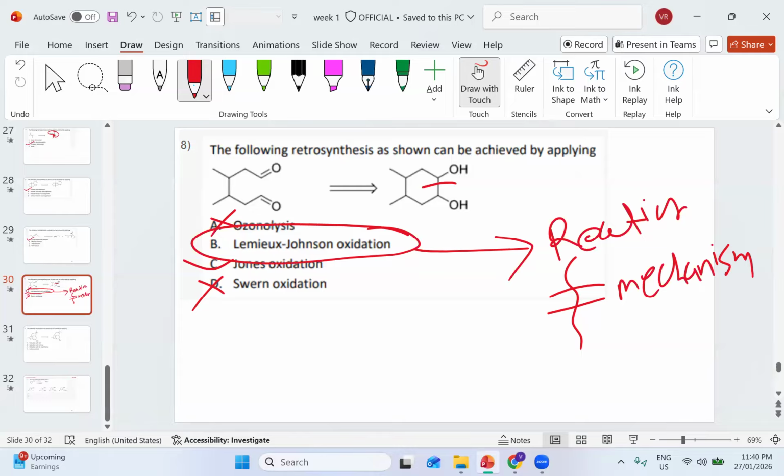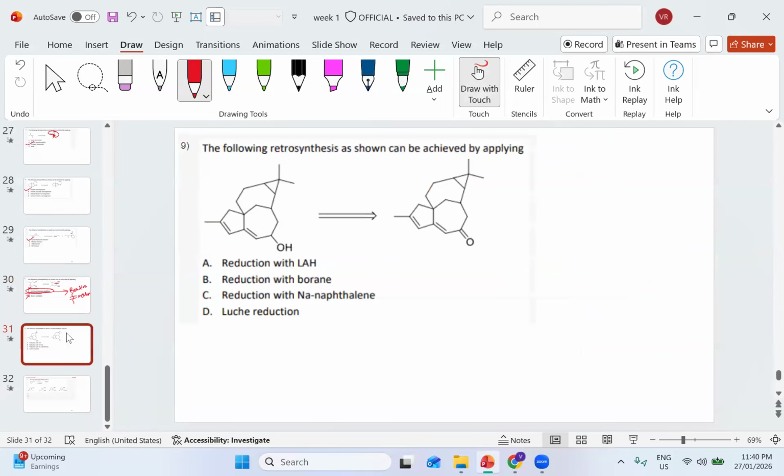I will also cover the thorough reaction mechanism for this one. I will keep that in my notes and explain this in the next video.